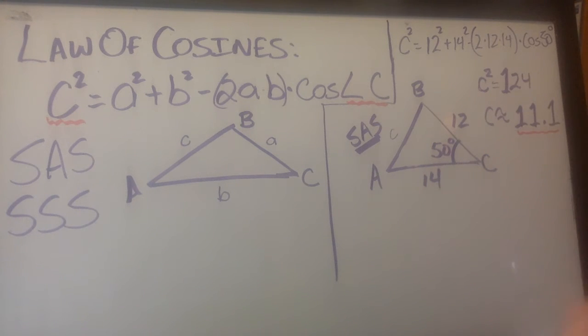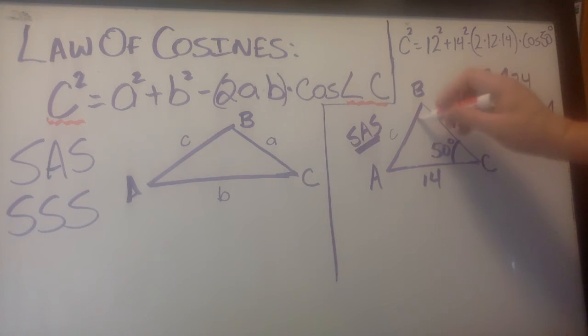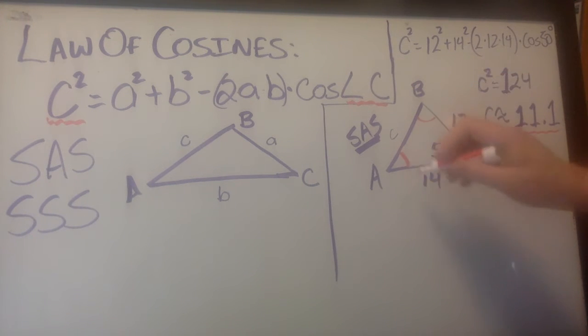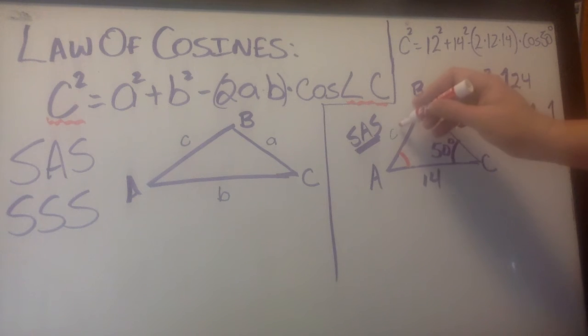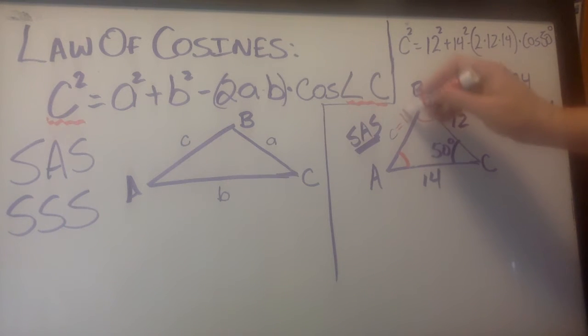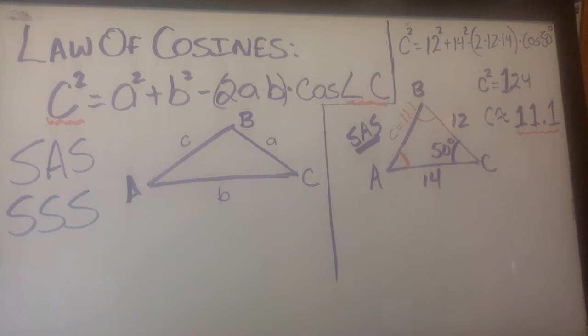Now comes the tricky part about side angle side. I'd like to know angle B and angle A. I already know this side is now 11.1, so I can go to the law of sines.